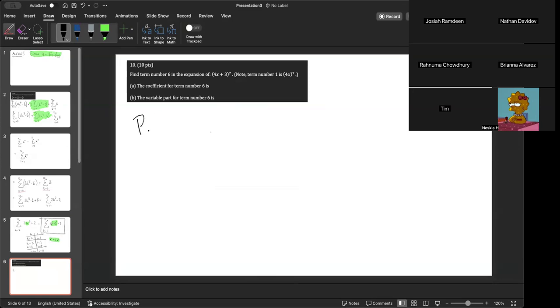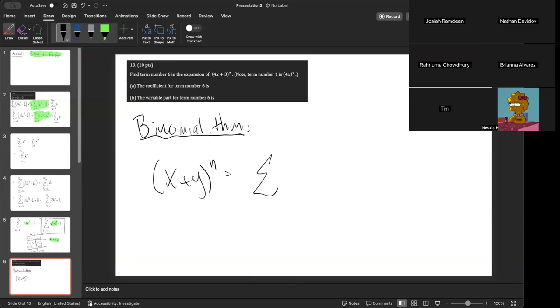Binomial theorem, and you do have to have this memorized, unfortunately. I don't like to have students memorize things, but the binomial theorem says that x plus y to the n is the sum from k equals 0 to n of n choose k, x to the n minus k, y to the k, right?